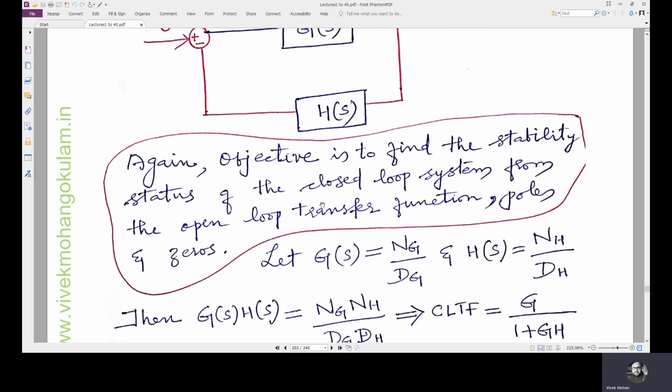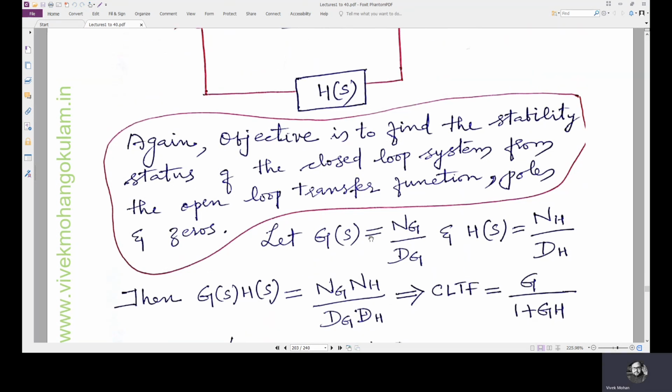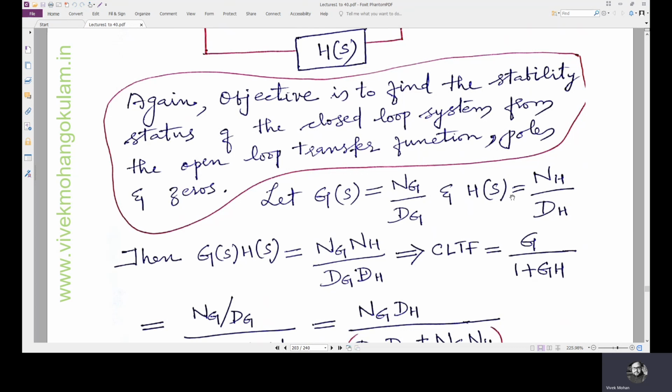poles and zeros. So let G of S equal NG by DG, where NG is the numerator and DG is the denominator expression, and H of S equals NH divided by DH. Then GH equals NG NH divided by DG DH.